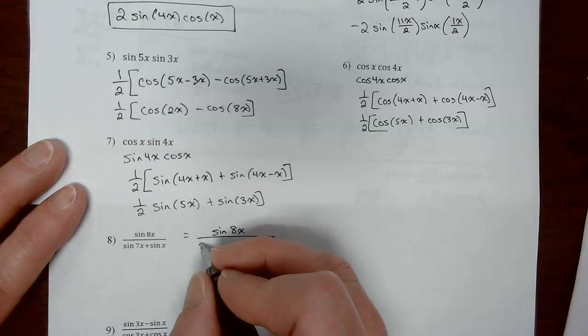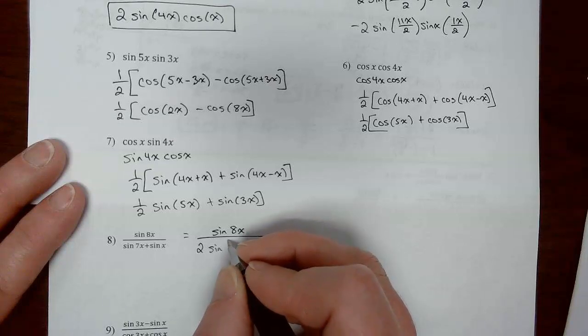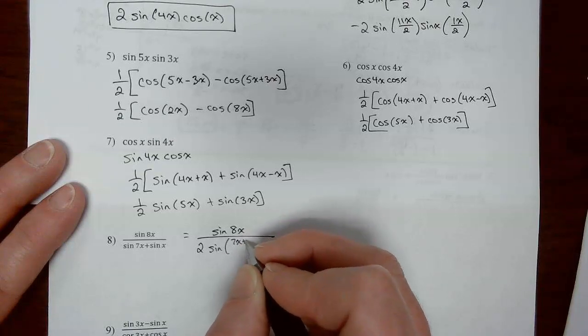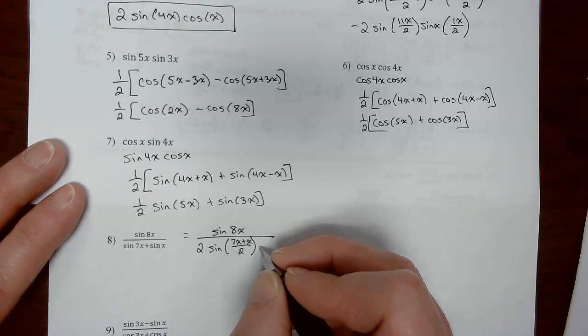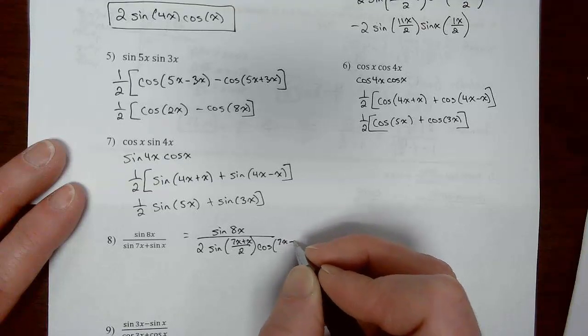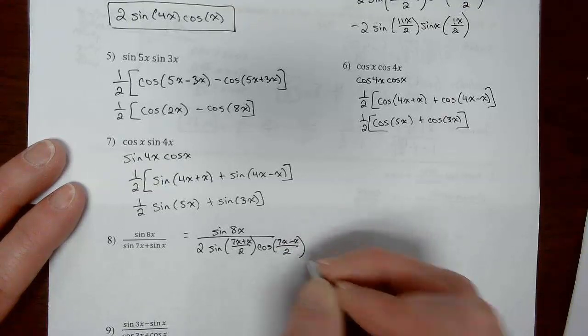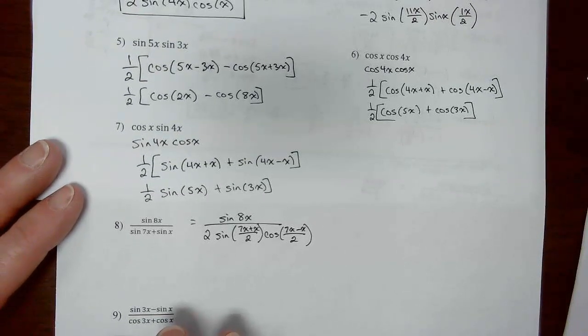It says do 2 times sine of 7x plus x divided by 2, and then times cosine of 7x minus x divided by 2. Oh no, that's not going to help me with this top one. Wait.